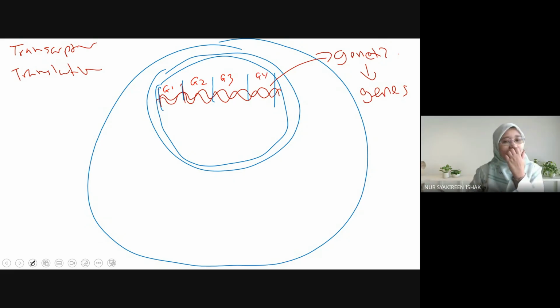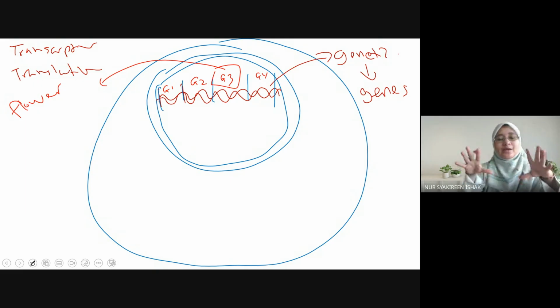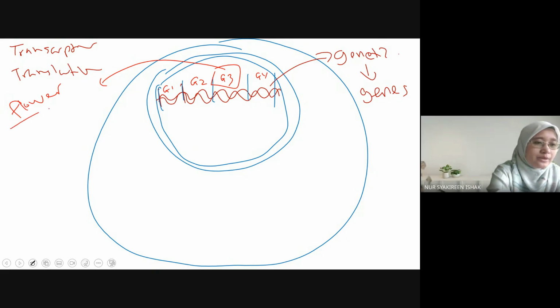Let's say the third gene stores the information to synthesize something. For example, this is a cell within a flower, in a flower plant. Let's say the flower is red, and another phenotype of the flower can be a white flower.